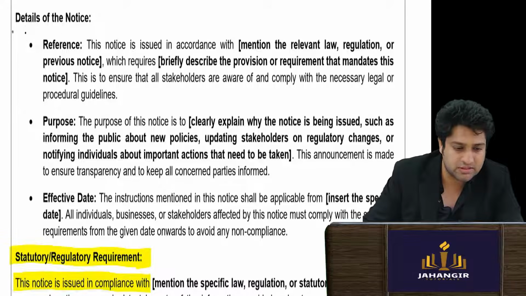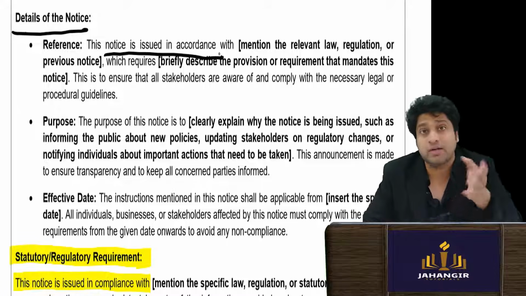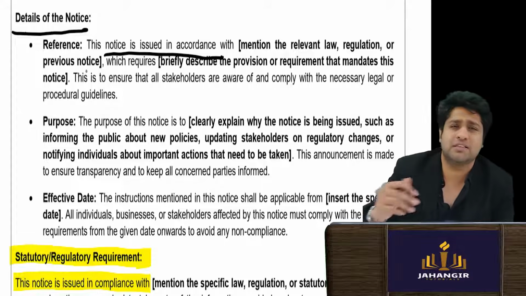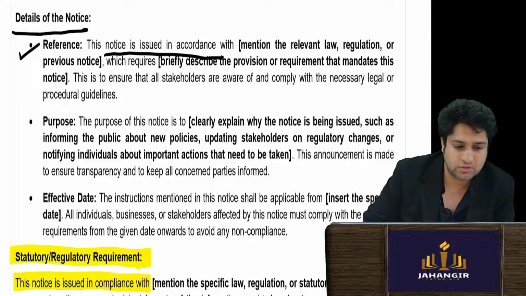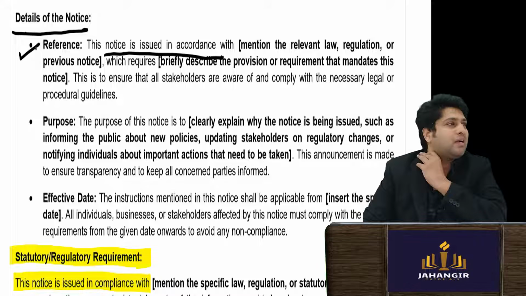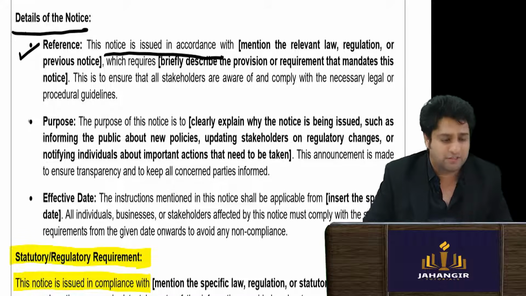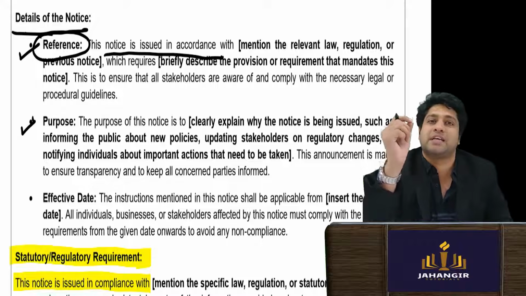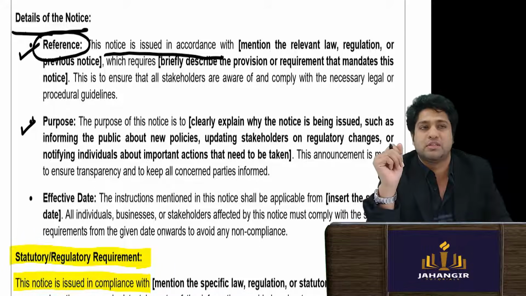Details of this notice, you will give, that this notice is issued in accordance with. Now, a notice sometimes might be a statutory requirement as per law. Mention that law, that this notice has been issued under Companies Act sections 73 to 76 for deposits, and that is why we are doing it. So always refer to the section in the notice, to say why you are issuing this public notice.